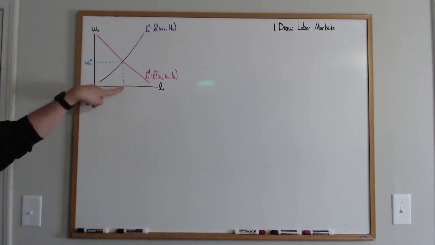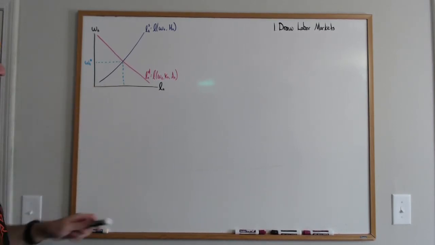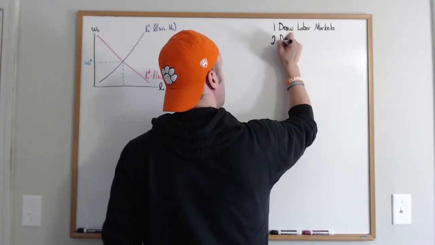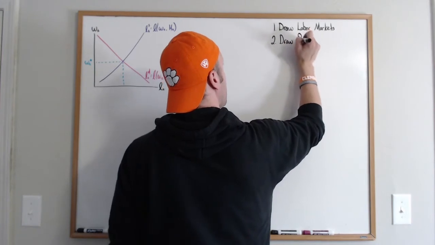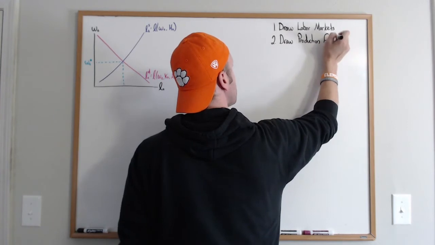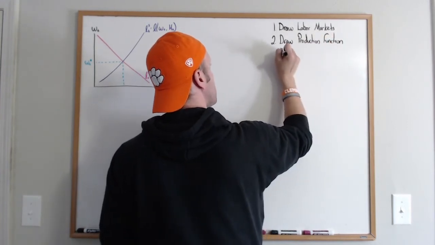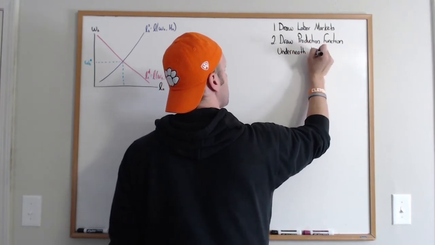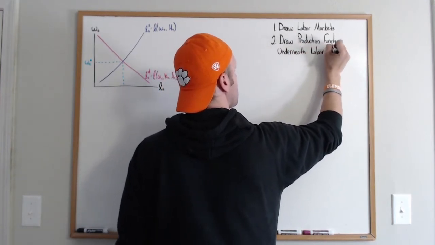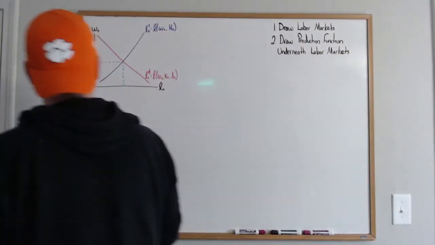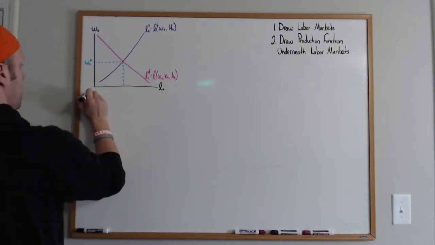Now I'm not writing out this L star just yet because there's going to be something that goes underneath this. You're going to want to draw the production function underneath the labor markets.